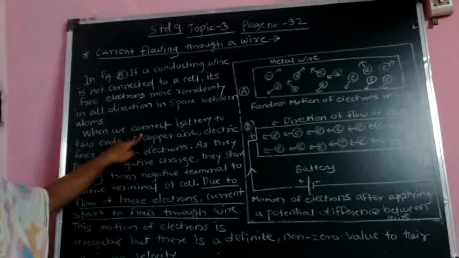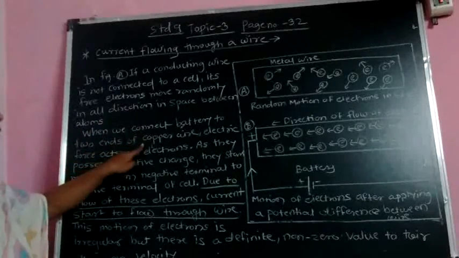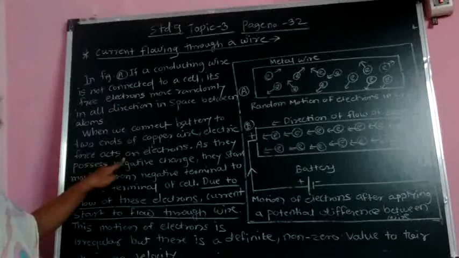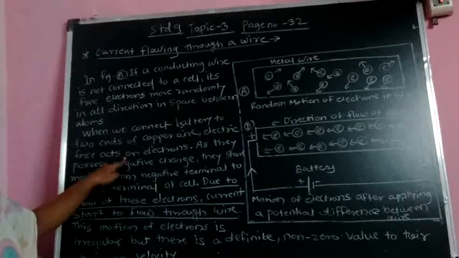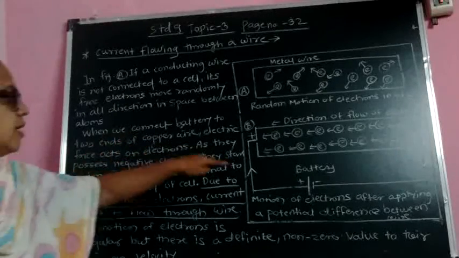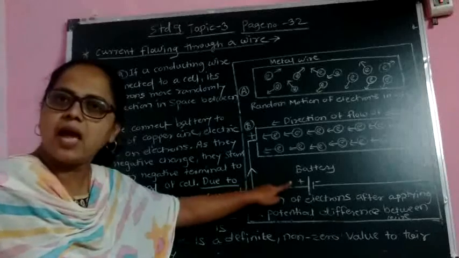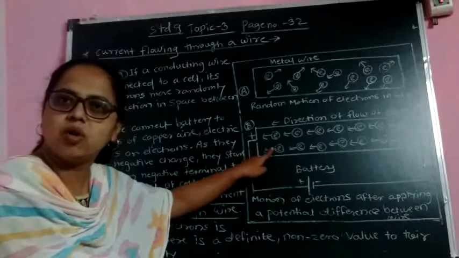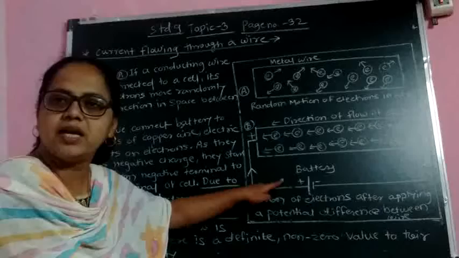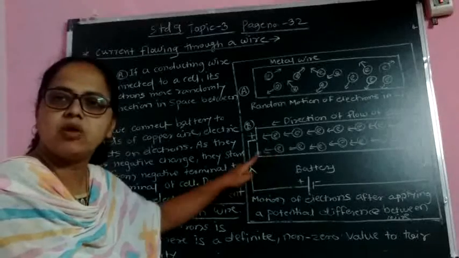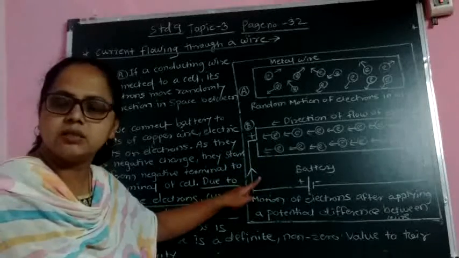When we connect a battery to the two ends of the copper wire, electric force acts on the electrons. That is, the battery applies electric force on the electrons, and because of that electric force, these free electrons move in a particular direction.